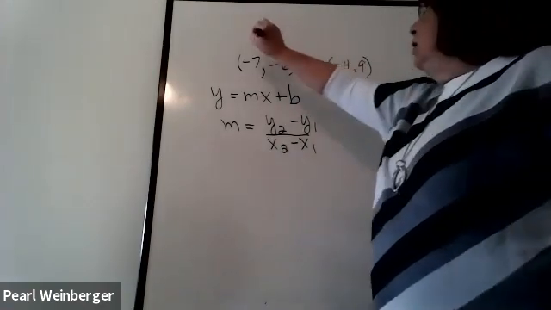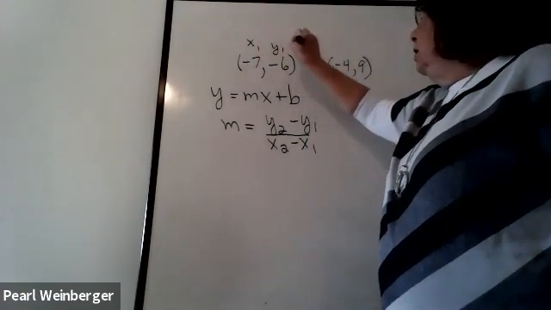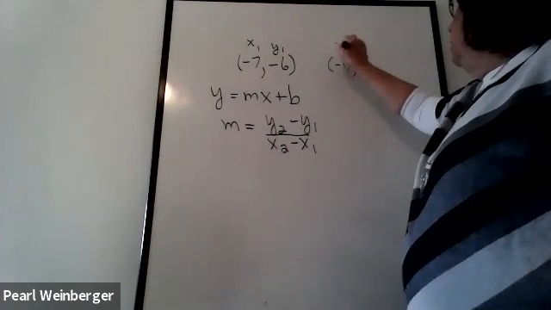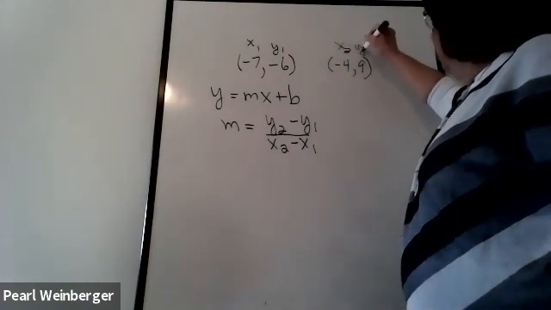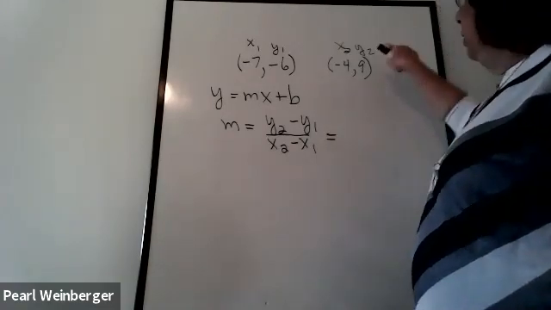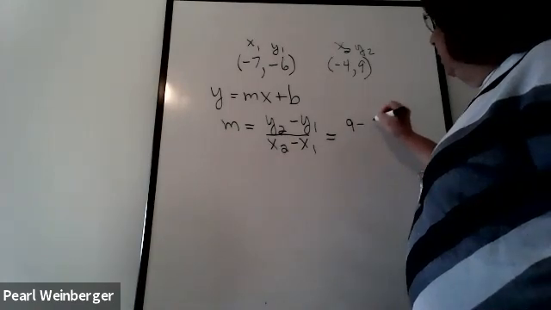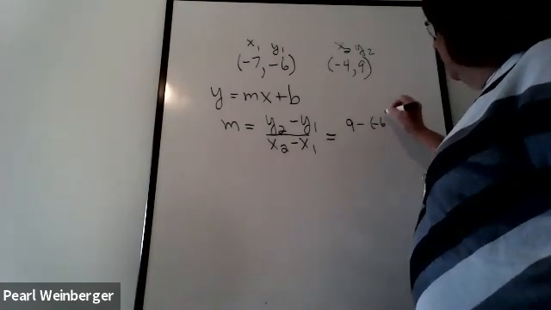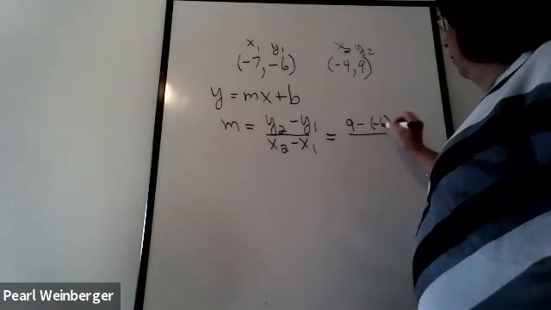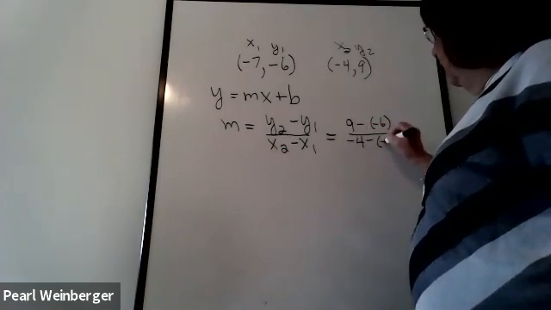And just pick one of your points to be your x1, y1, and that makes the second point the x2 and the y2, and just put in the numbers. Y2 is 9 minus -6, that's y1, over x2 -4 minus -7.